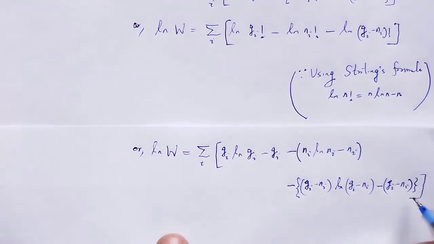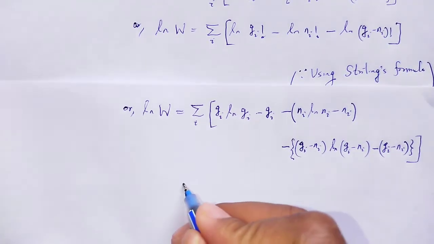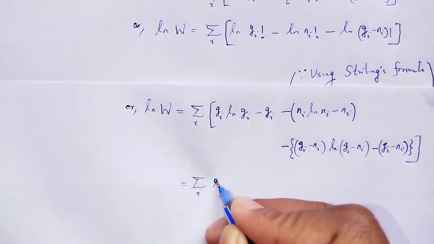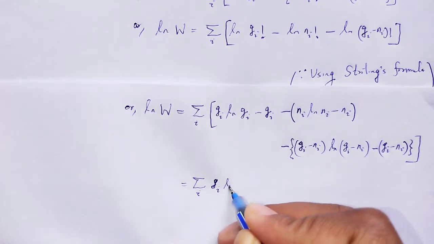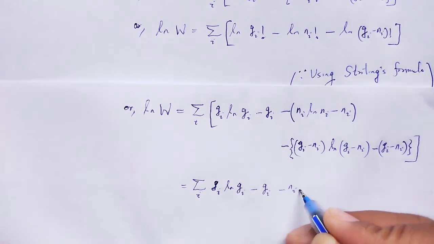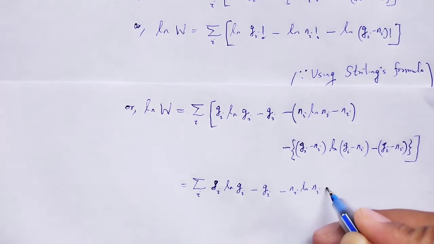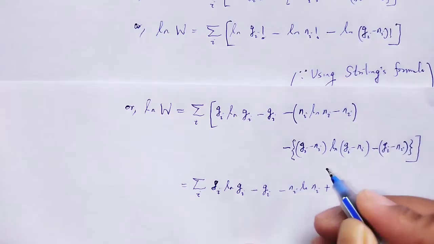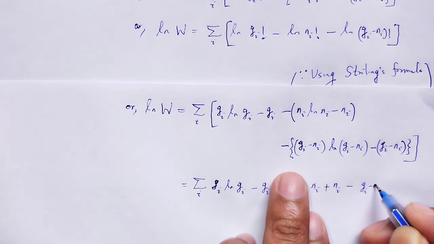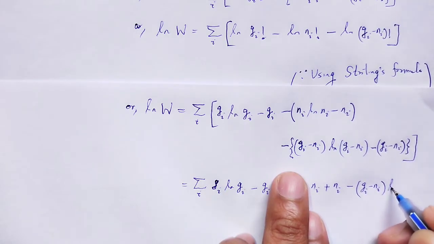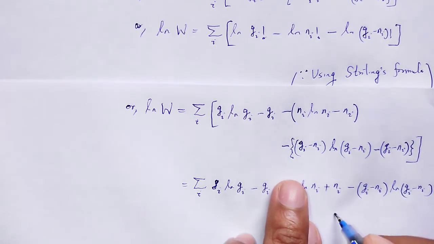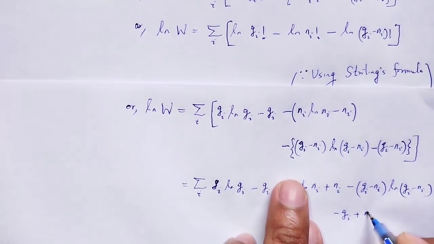Okay. Next, evaluating the bracket terms, summation over i of Gi ln Gi minus Gi, minus Ni ln Ni plus Ni. Next, minus Gi minus Ni whole into ln Gi minus Ni, here minus Gi plus Ni.